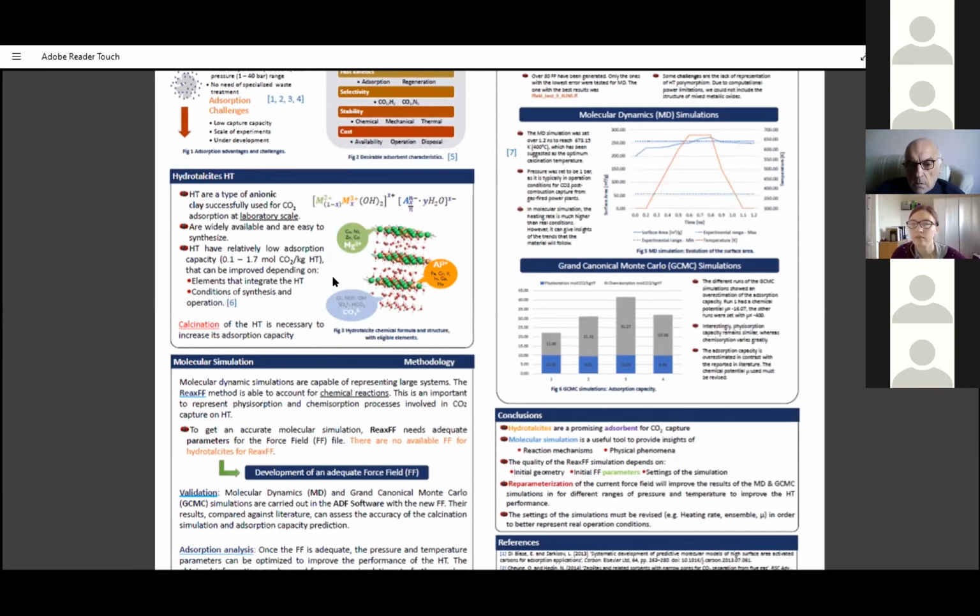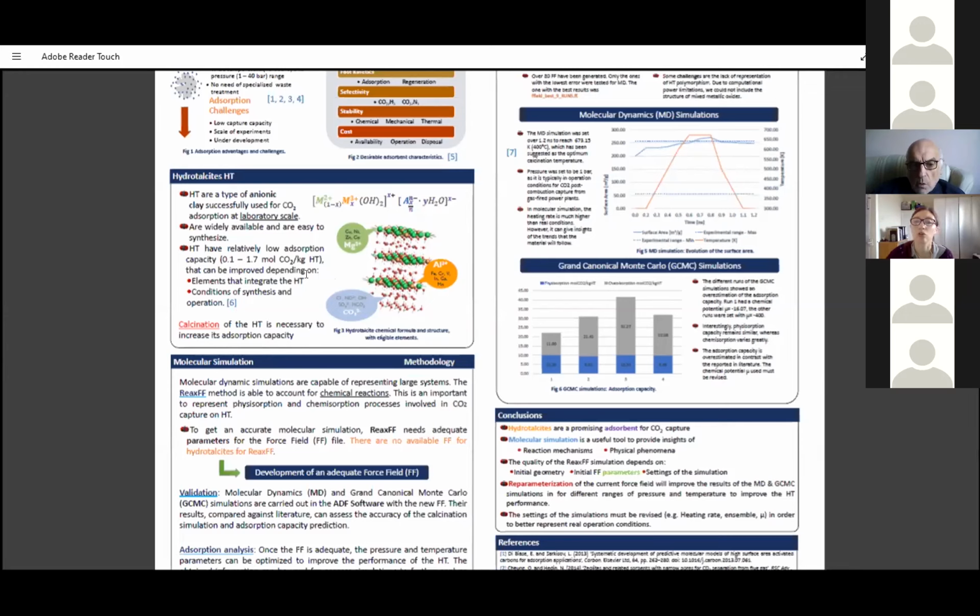And most of the studies look at lower temperatures, such as 30 to 60, but it has been seen that hydrotalcite can work at 200, which is the temperature that we were aiming for, because we want to see if we could put the adsorption just after the post-combustion without cooling the gas as much. So that's why it's a very wide range of adsorption capacity.